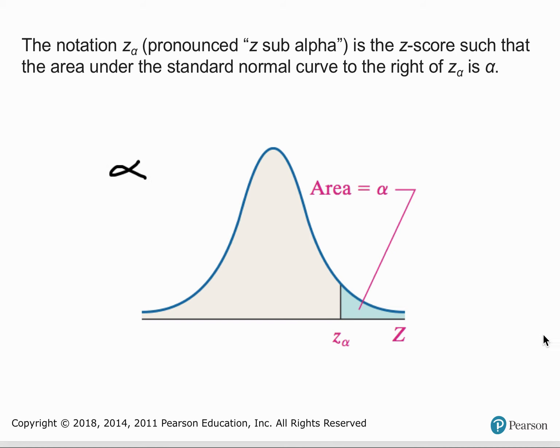Whenever you see a z with a little number down here, it means it's talking about to the right. If you just say z-score, it's this area. If it's z sub alpha, it's the area under the curve to the right.